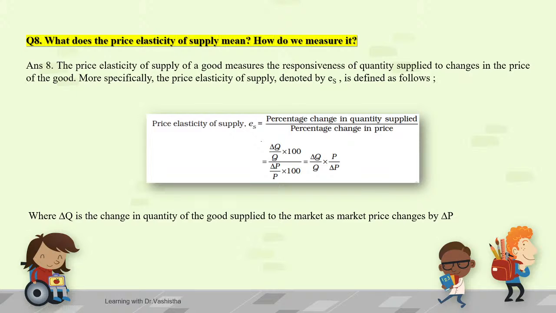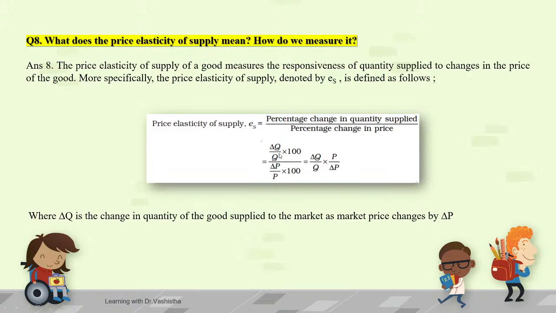More specifically, price elasticity of supply is denoted as Es, with a small e and a capital S in the subscript. Mathematically it is the percentage change in quantity supplied upon the percentage change in price, meaning what change will come in the quantity supplied of a good whenever the price of that good is changed.